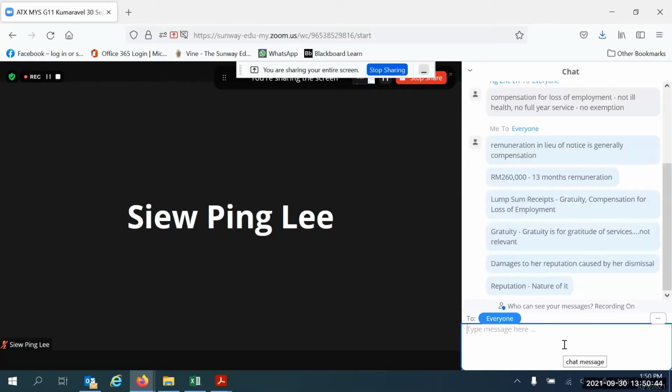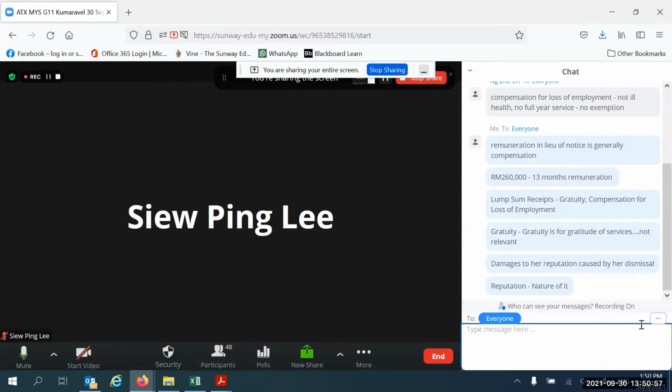Easier said than done, but you must look at the word reputation.